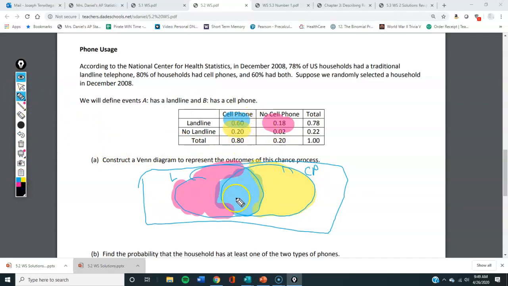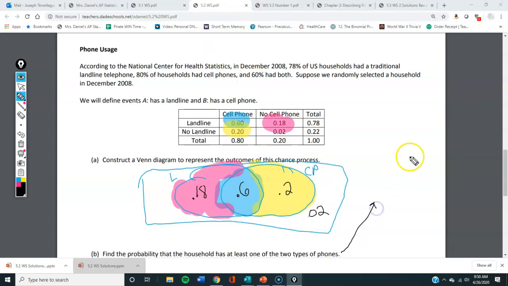So I'll put 0.6 here. 0.18 here. 0.2 here. And then 0.02 have neither. All right? Makes sense? That's beautiful.